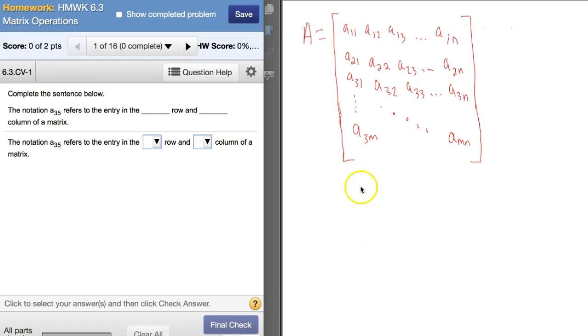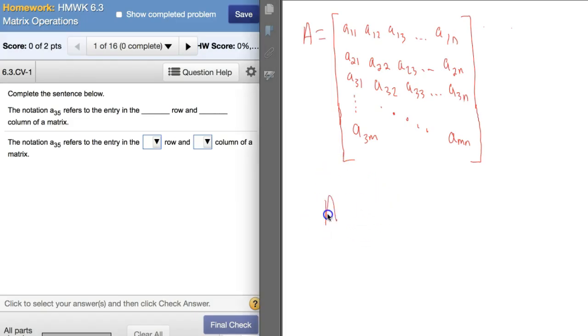To learn about the anatomy of a matrix, the first thing we need to know is that matrices are characterized by their size or their dimensions. The dimensions are described as row by column, where the row is the M in this case and the column is the N. For this particular element within the matrix, that's telling us that this element is in row 3 and column 5.